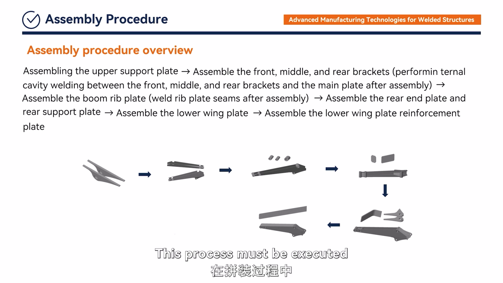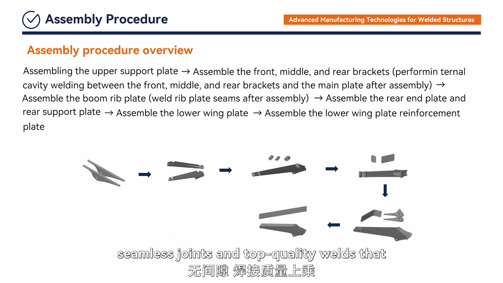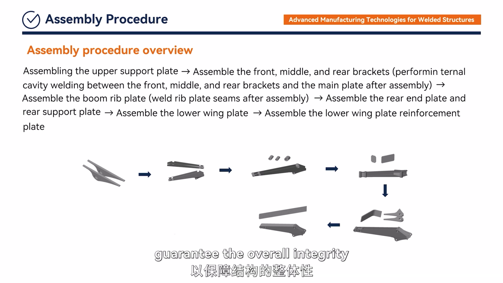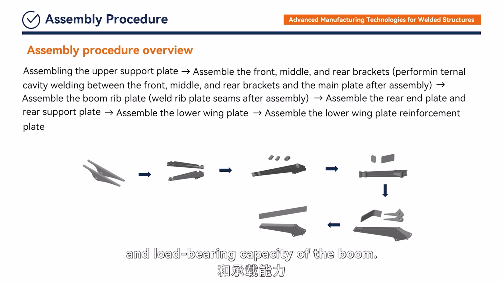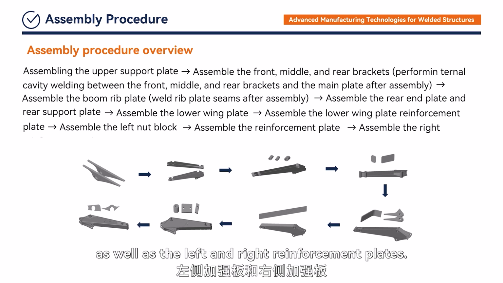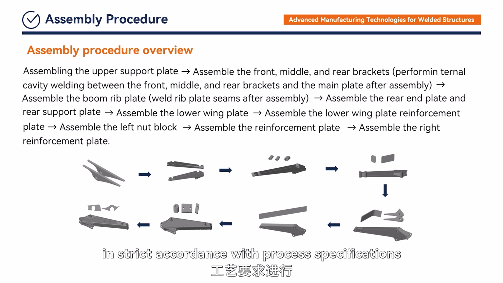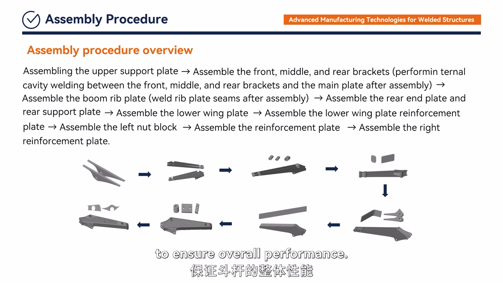This process must be executed with precision to ensure flat, seamless joints and top-quality welds that guarantee the overall integrity and load-bearing capacity of the boom. The final assembly steps include installing the left and right nut blocks, as well as the left and right reinforcement plates. These components must also be installed in strict accordance with process specifications to ensure overall performance.